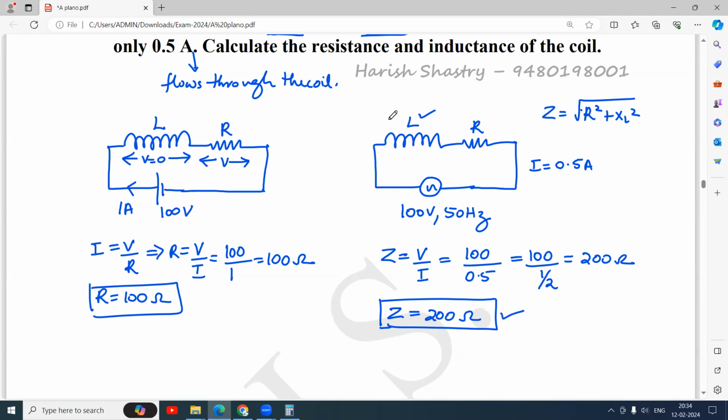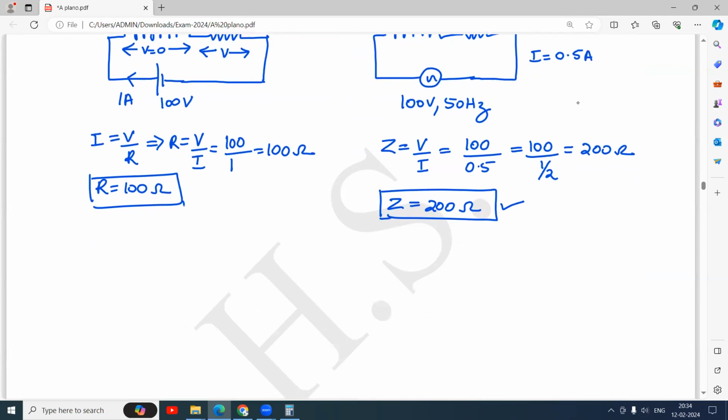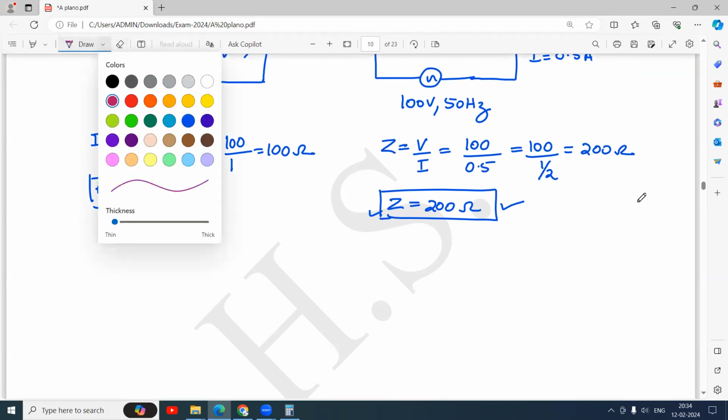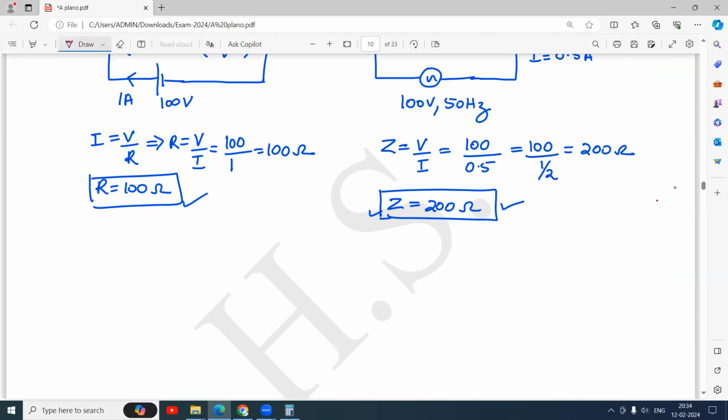Now the question asks for the inductance of the coil, so from these two we can find it. We know Z is equal to root of R square plus XL square. They want L, but we will find XL first and then go to L. Z square is equal to R square plus XL square.